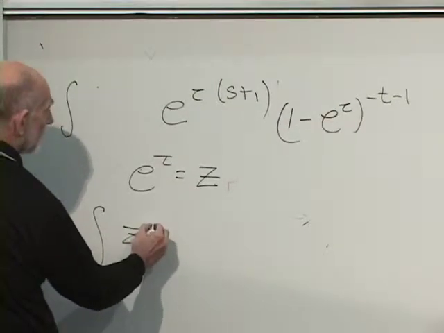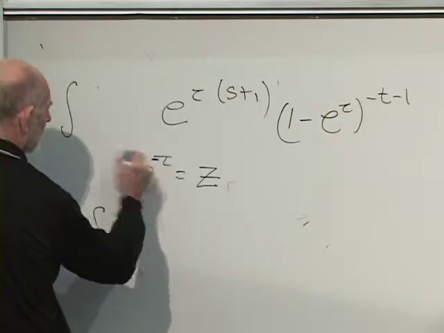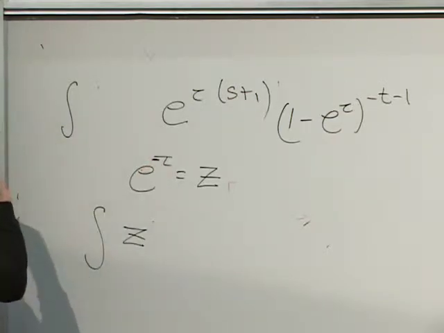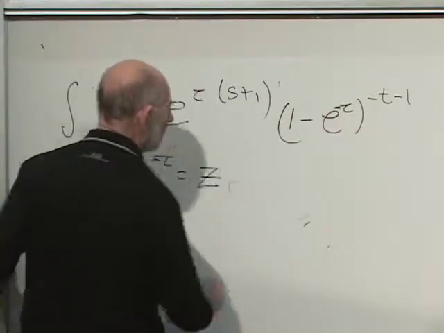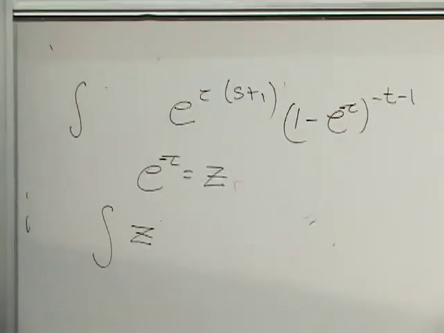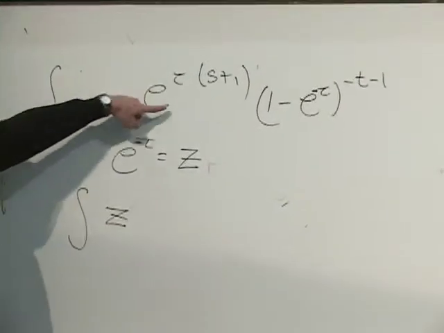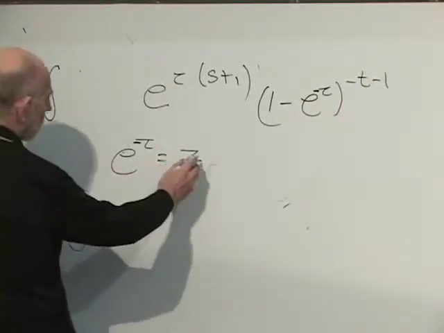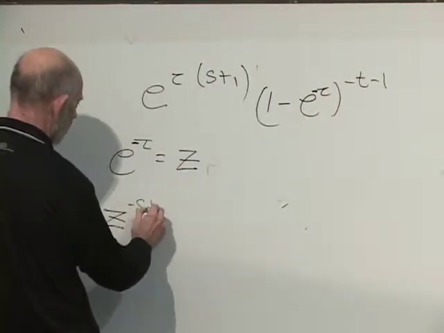I'm missing some minus sign. No, e to the minus tau must be, this must be minus here. It is, e to the minus tau there. This thing just becomes z to the minus (s plus 1).